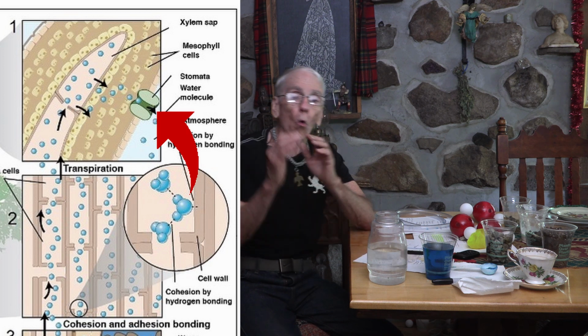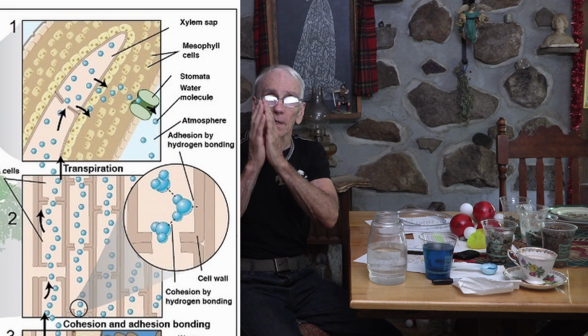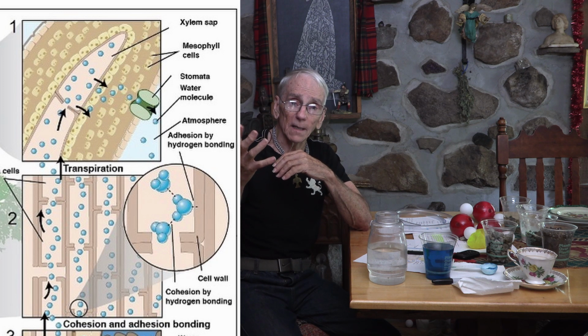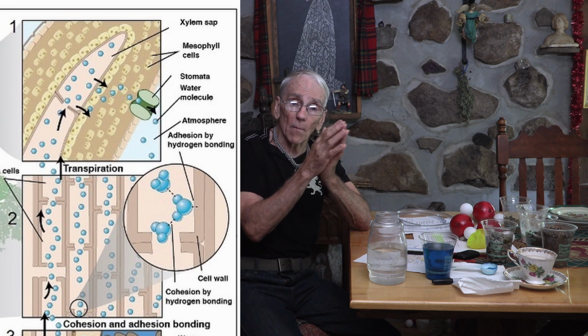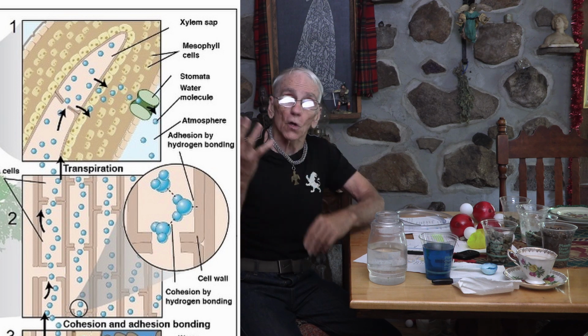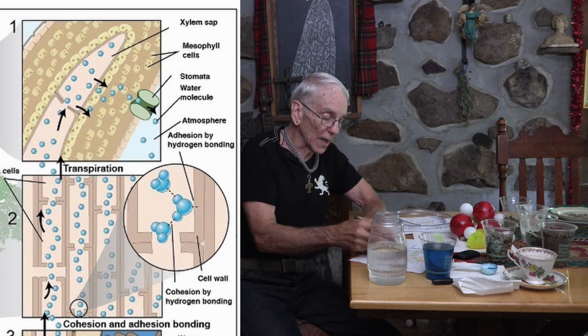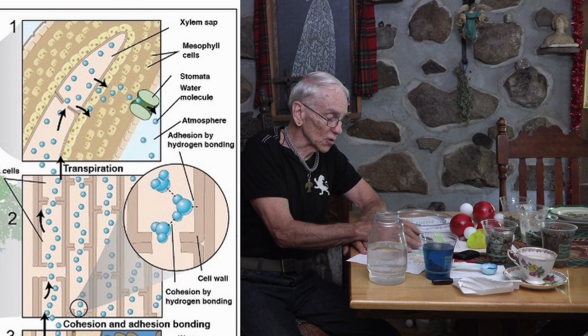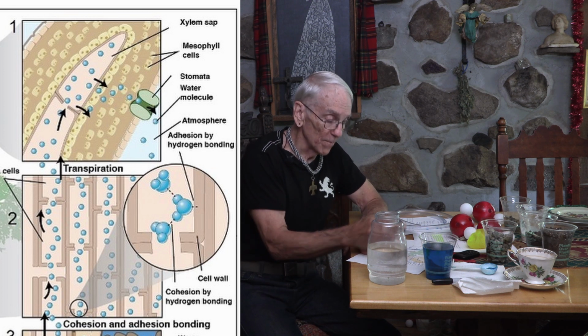They're actual openings in the leaf that the leaf can open or close to let carbon dioxide in, oxygen out, and let water vapor in and out. So you have this opening to the outside air, this opening to air with a water energy potential of negative 100.